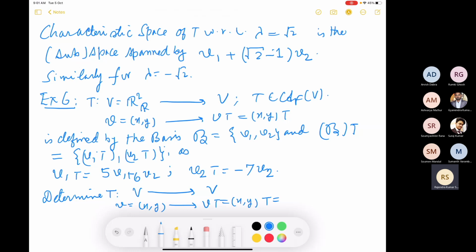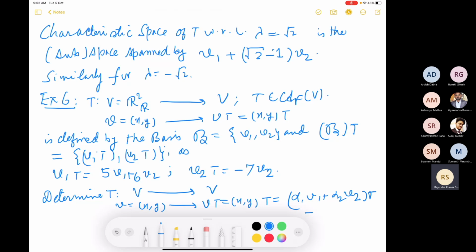And you can see that this vT, whether you write in terms of (x, y) or as alpha 1 v1 plus alpha 2 v2, in terms of vectors, and if you write (x, y), then that will be in terms of the standard basis vectors.